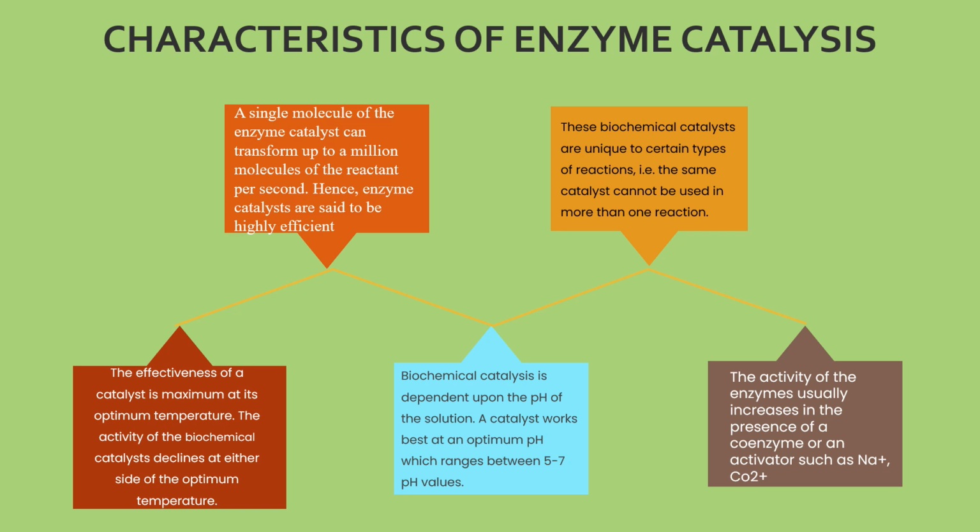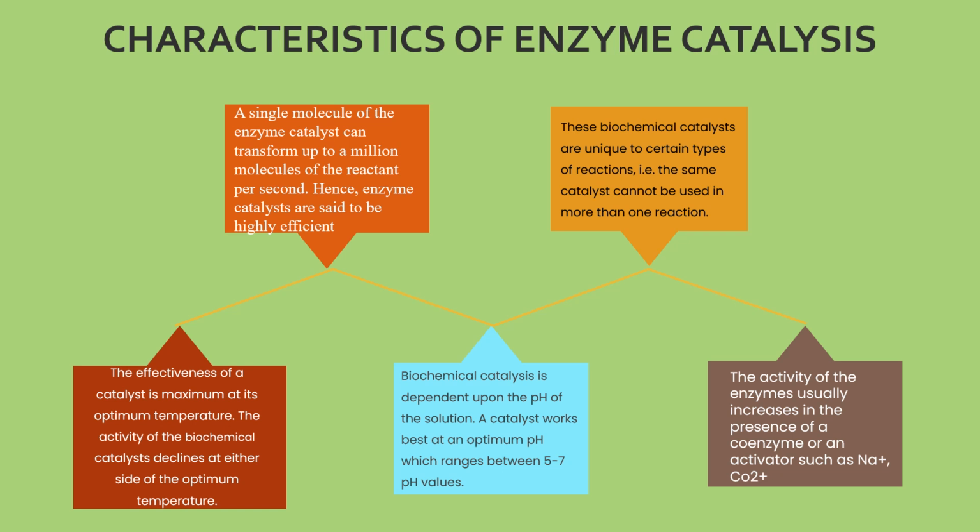Now, looking at the characteristics of enzyme catalysis. A single molecule of enzyme catalyst can transform up to 1 billion molecules of the reactant per second. Hence, enzyme catalysts are said to be highly efficient. These biochemical catalysts are unique to certain types of reactions. That is, the same catalyst cannot be used in more than one reaction. The effectiveness of a catalyst is maximum at its optimum temperature.